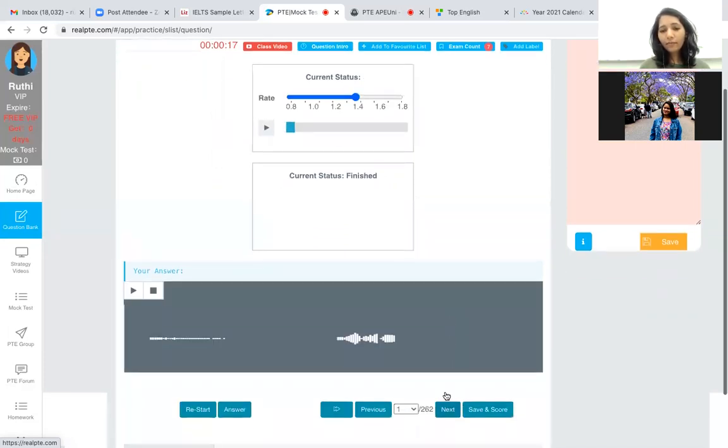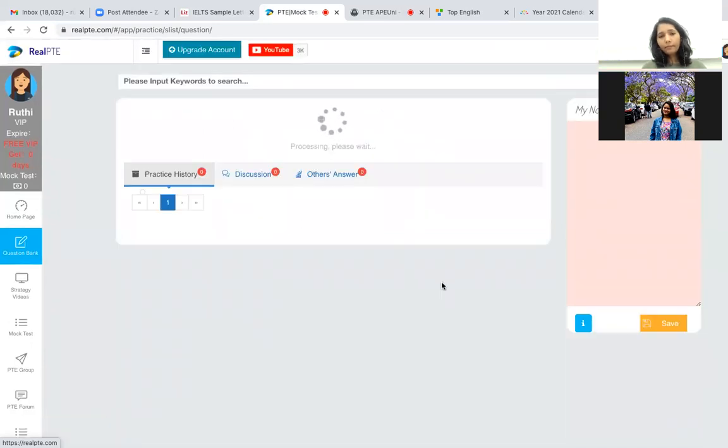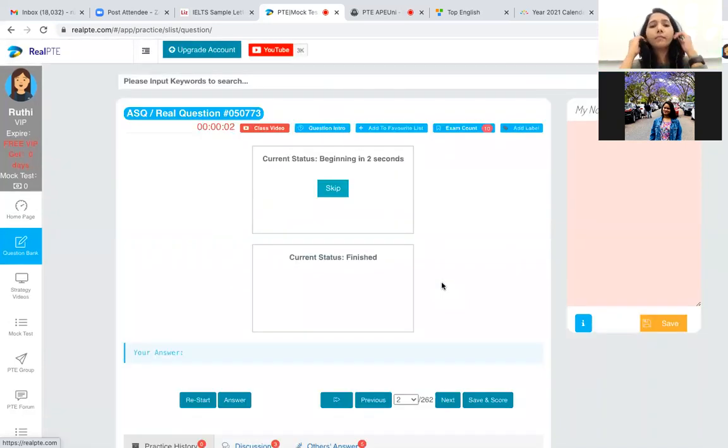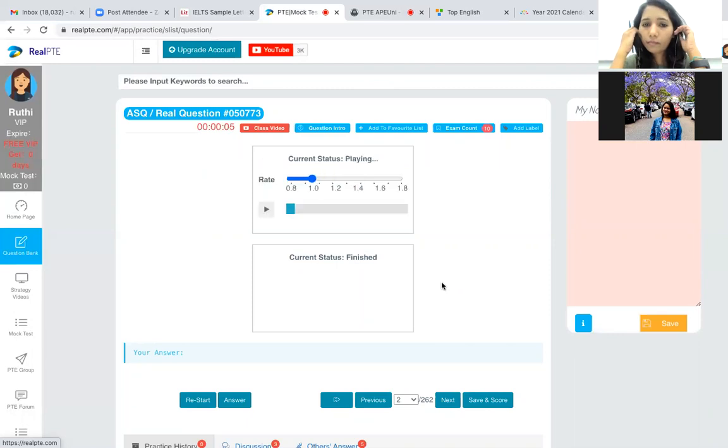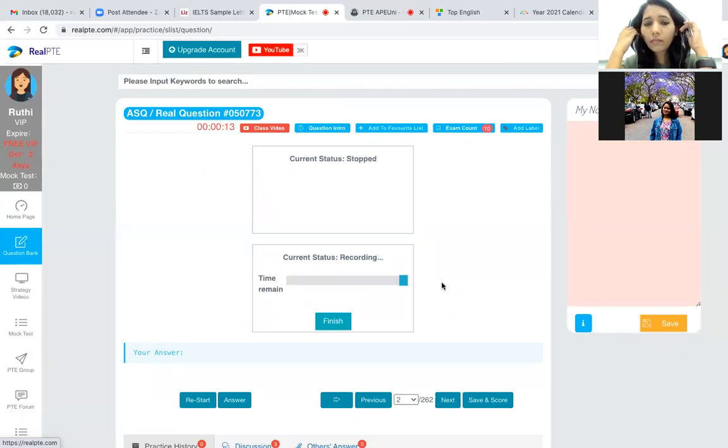Ready for the next one? Yep. What is the legal document that sets out how people want their property and possessions, their estate, divided after their death? Will. Well, I think we have done this. Okay.